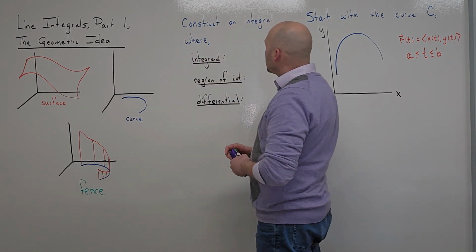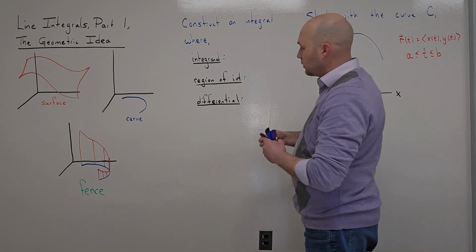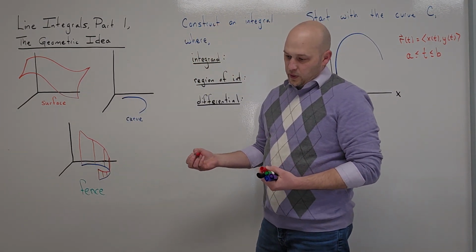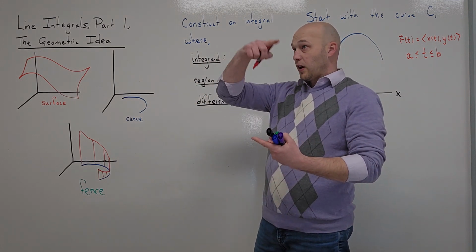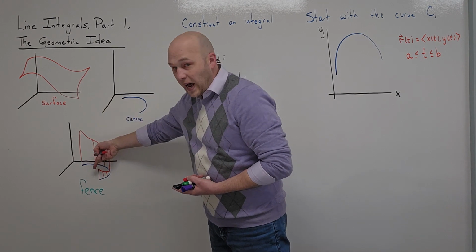So I'm going to construct an integral where the integrand, just like in Calc 1, when we compute the area under a curve, the integrand is the graph of the function. So the integrand is going to be represented by the top of the fence.